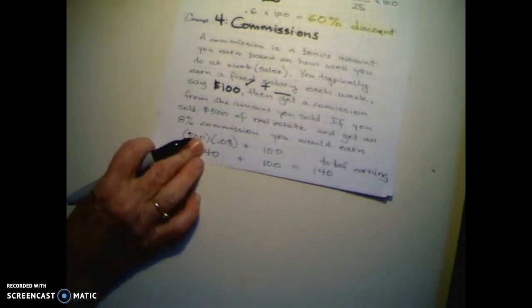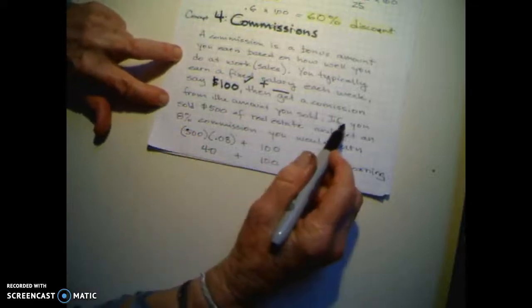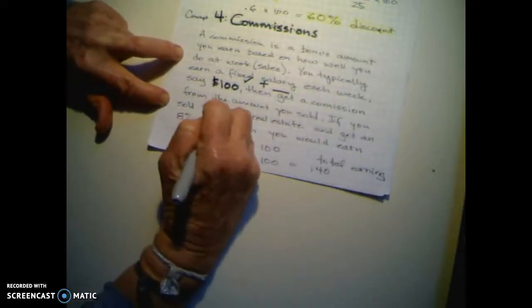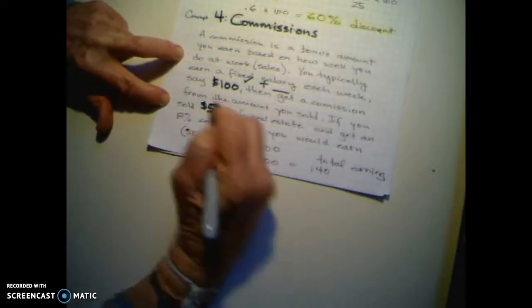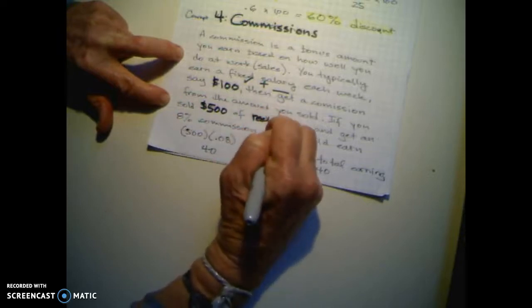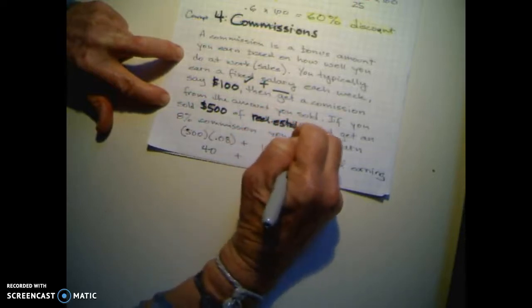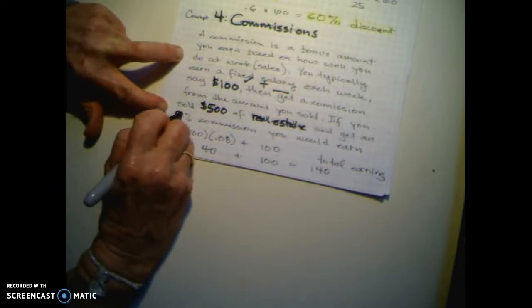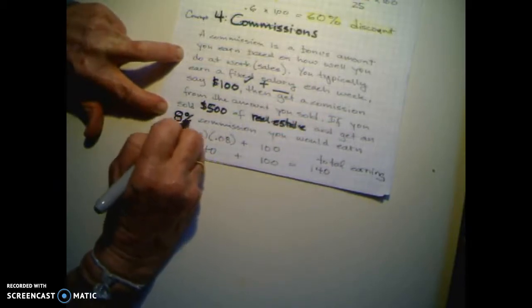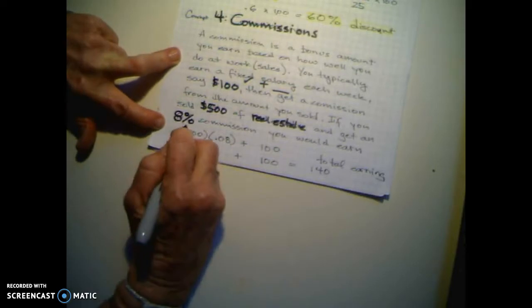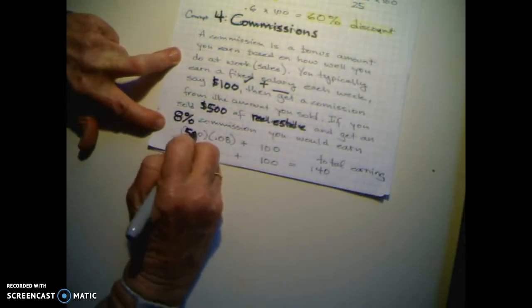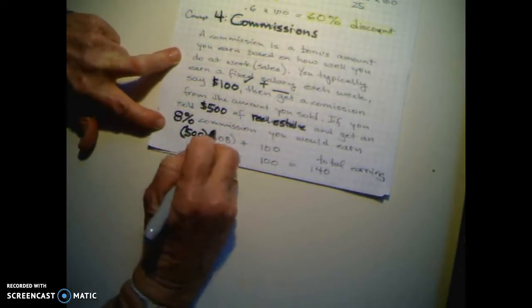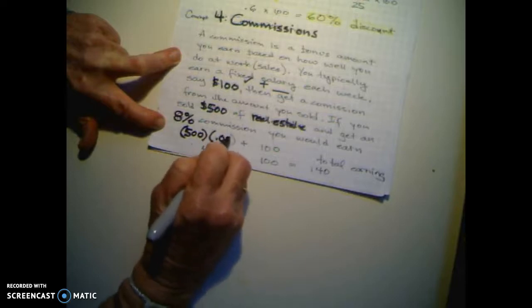So in our particular example, let's say you sold $500 worth of real estate. If you are a real estate agent, you sold $500 and your company gives you an 8% commission. So I take the $500 that I sold, and I again multiply it by 0.08.